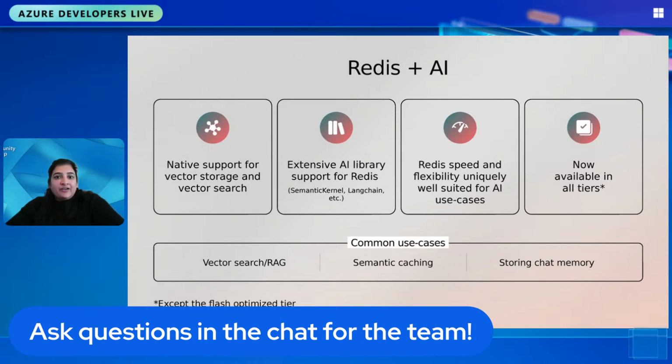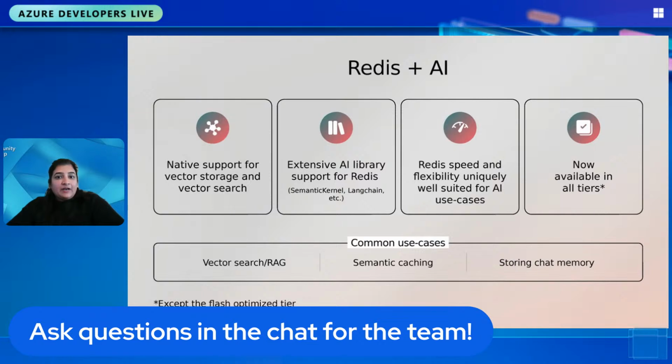The design of Redis is an in-memory data store, which gives you sub-millisecond latencies. That sub-millisecond latency is great for real-time AI use cases, and Redis gets heavily used in some real-time AI scenarios as well.